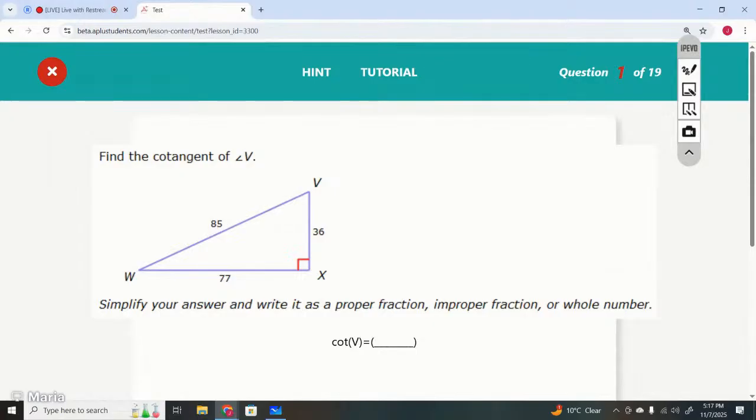Find the cotangent of angle V. So cot is the reciprocal of tan.